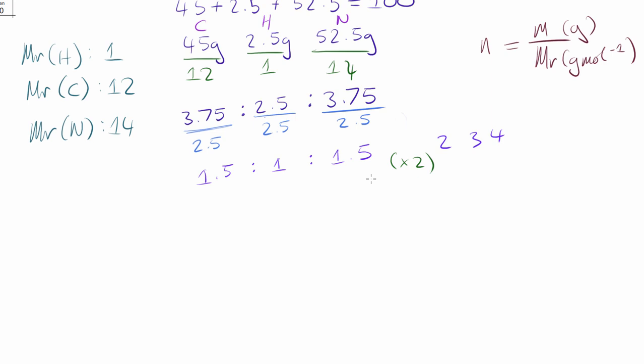If you multiply everything by 2, 1.5 gives you 3, 1 gives you 2, 1.5 gives you 3. So we now have 3, 2, 3. If we divide by 3 or by 2, we're not going to get a whole number ratio anymore. So this is our simplest whole number ratio.